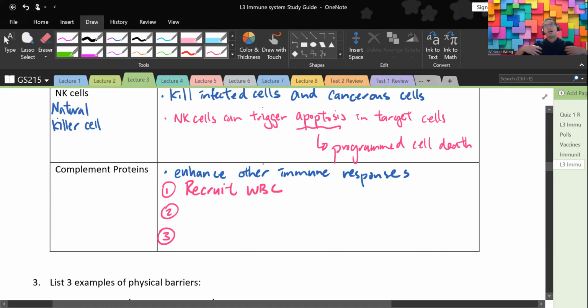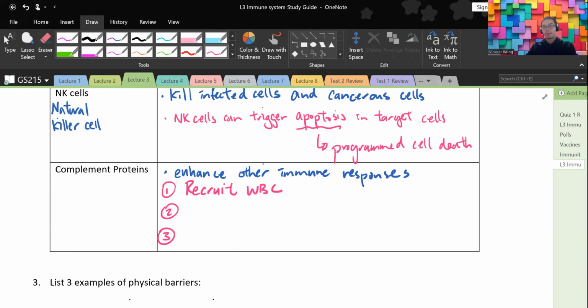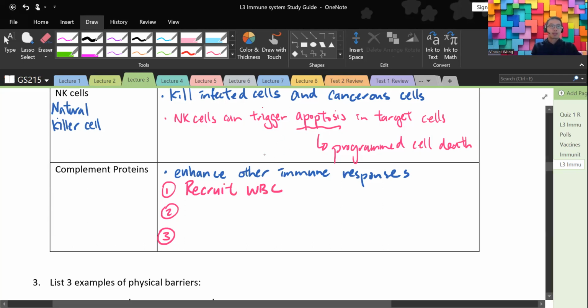If you think about a white cell coming out from the bone marrow, freshly minted, doesn't know where to go, but with the chemical trails left behind by the complement proteins, they are able to find their way to the site of infection quickly.